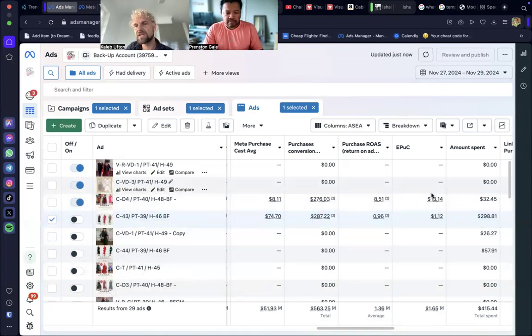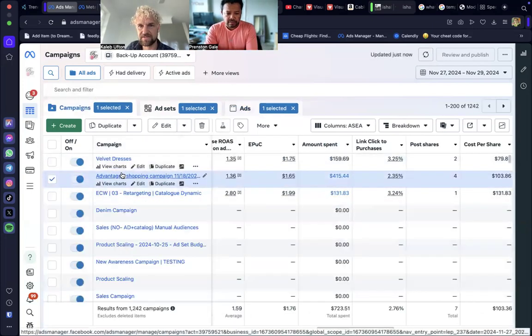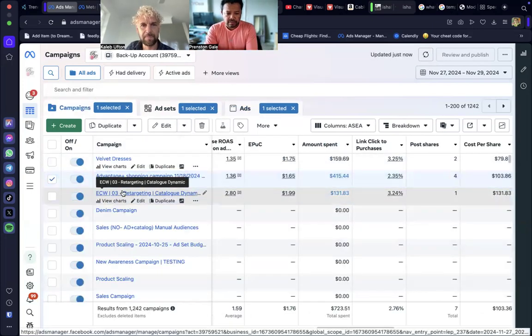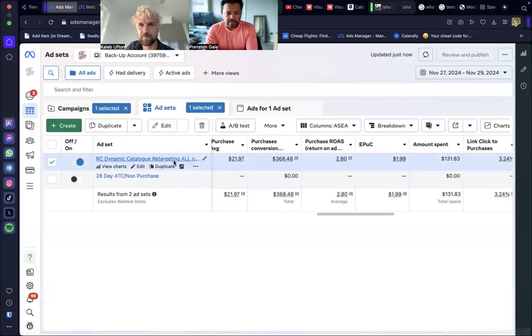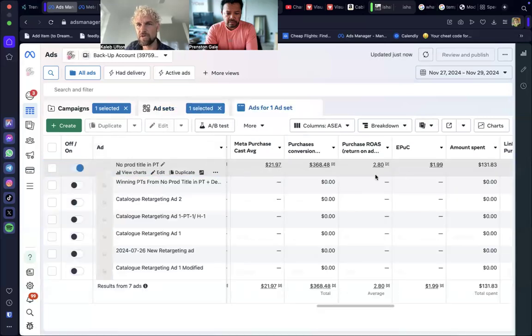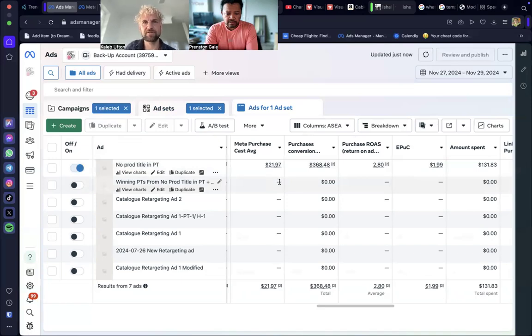And being able to quickly see what's the actual financial return I'm getting on clicks on this ad is super useful, because you can go and look at the retargeting campaign, for example. We only have one ad in here, but we're looking at about $2, right? Well, we know that that's somewhat cost effective.